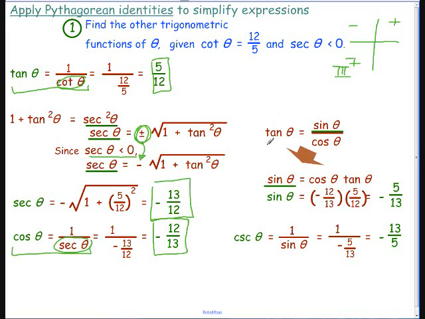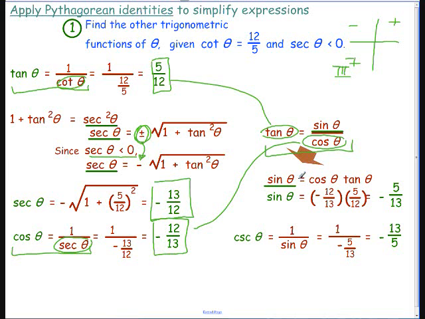Well, we could use the quotient identity here. Now I'm actually going to be looking for sine. I already have what tangent is right here, and I just figured out what cosine is right here.